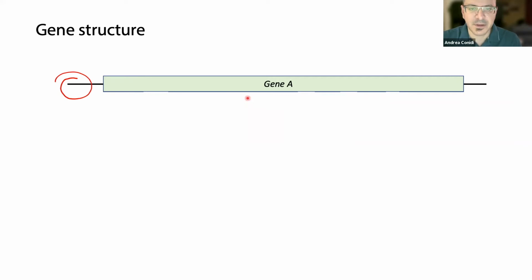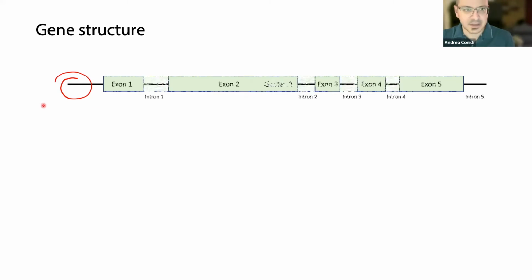Actually, the structure of a gene is a bit more complex, so I have to make a step back, and we have that each gene is divided in exons and introns. So the introns are the sequences of DNA that are located between the two exons.